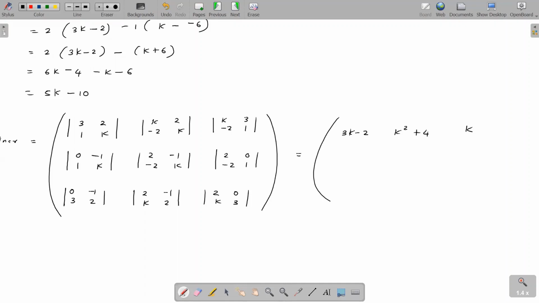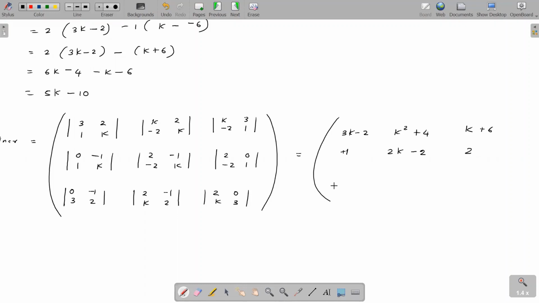So minus is again plus 6. Are you following me? Next one, 0 into k is 0, minus 1 into minus 1 is minus 1, minus 1 is plus 1. 2 into k is 2k, minus 2 into minus 1 is plus 2. So plus minus is minus. Is that okay? The last one, 2 into 1 is 2, minus 2 into 0 is 0.